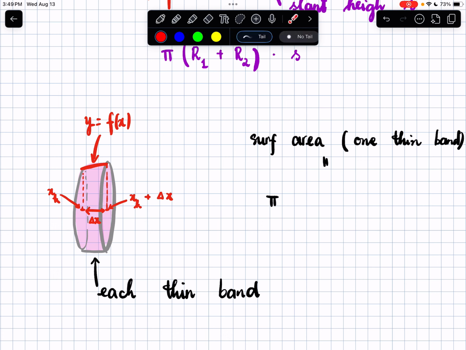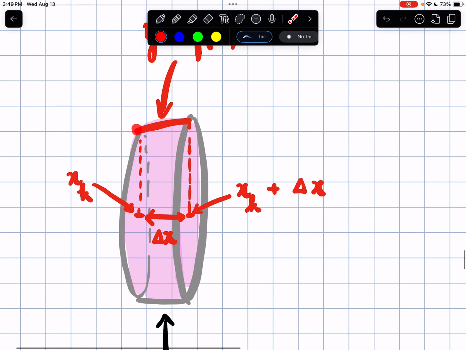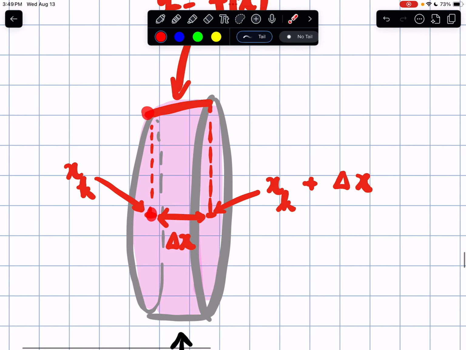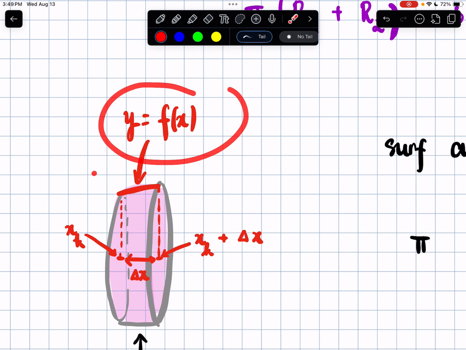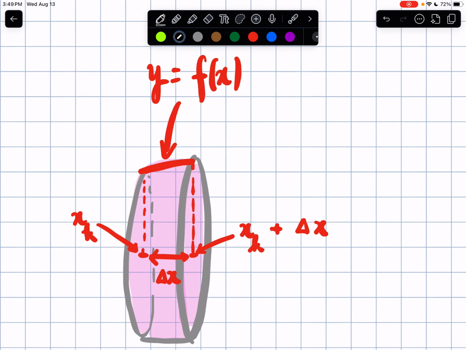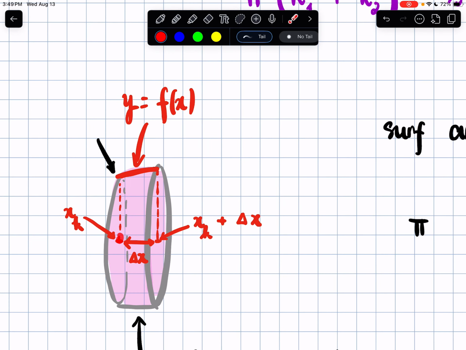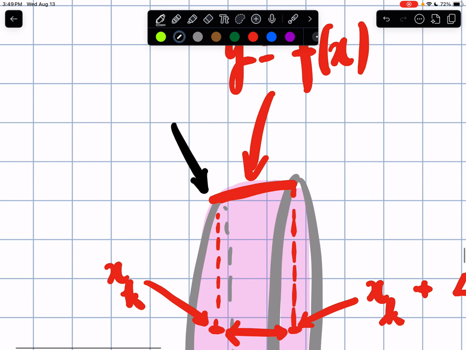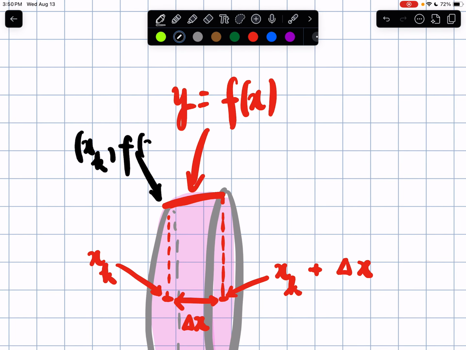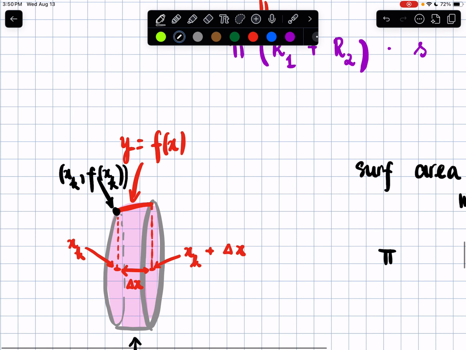In our case, r1 is the distance from this point to this center. Because this is the curve y equals f of x, this point corresponds to (xk, f of xk), which is the coordinate of this point.